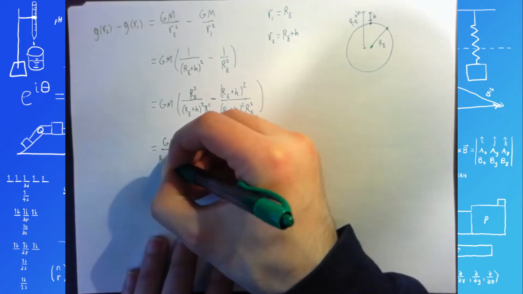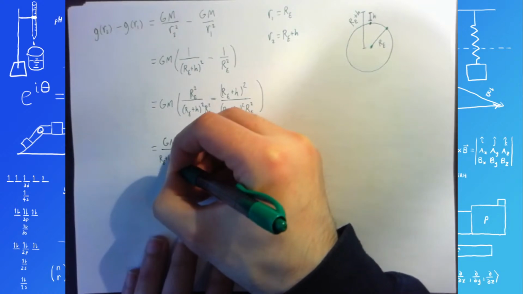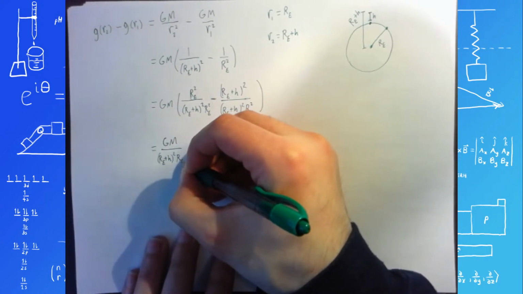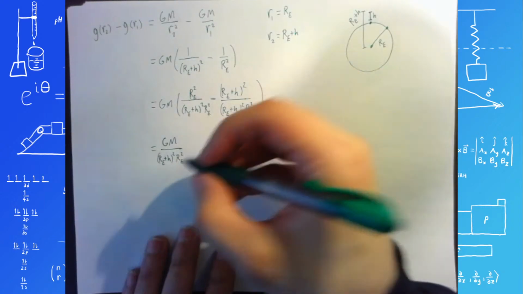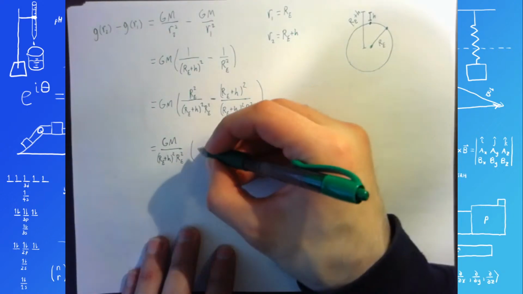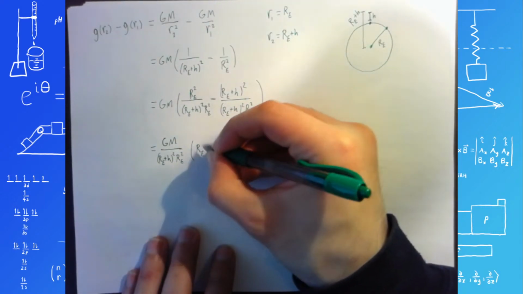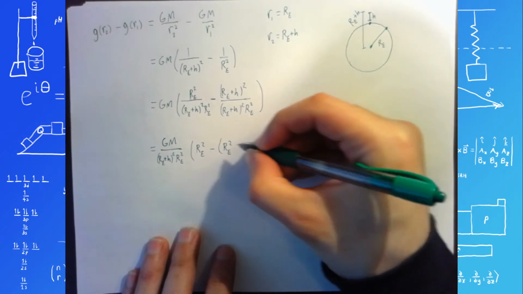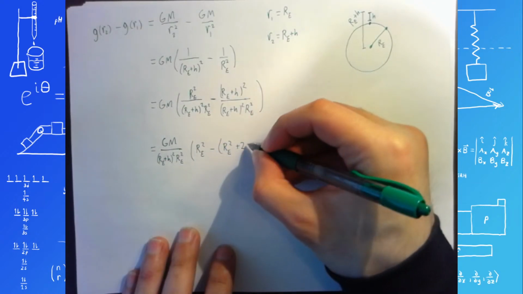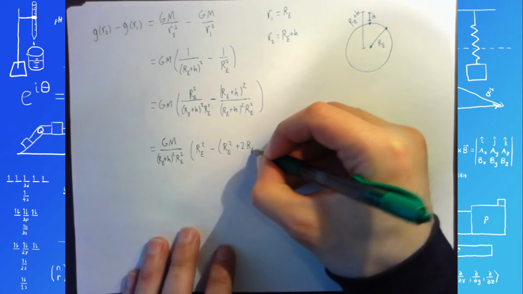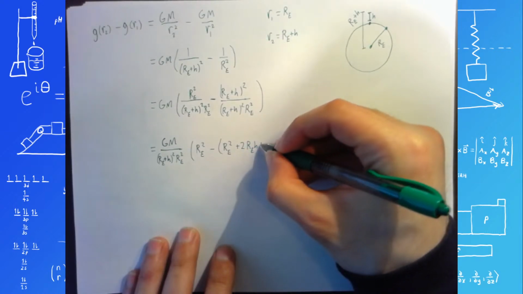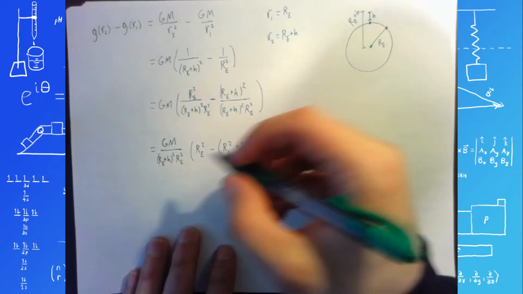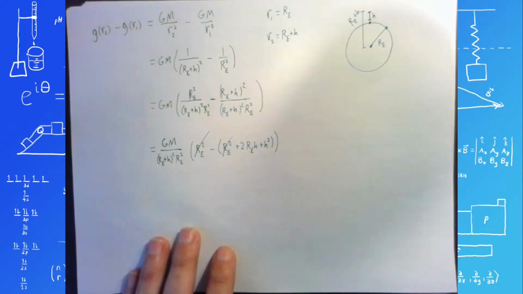So that's going to be Re plus H squared times Re squared times Re squared minus Re squared plus 2 Re H plus H squared. Okay, these will cancel out.